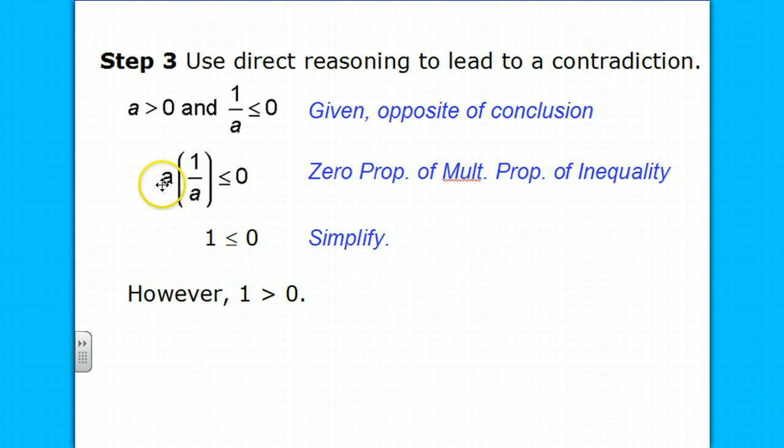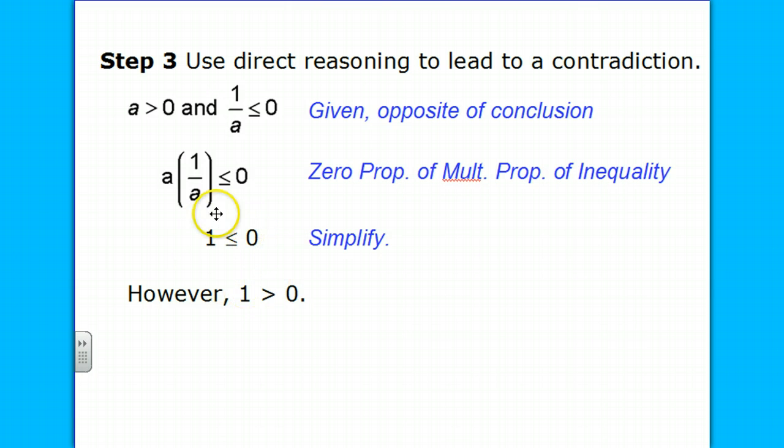We could multiply both sides by A, right? We're just using the multiplication property of equality. And when we multiply the right side, 0 times A is 0. So we have the zero property of multiplication. And when we simplify, we end up with 1 is less than or equal to 0.